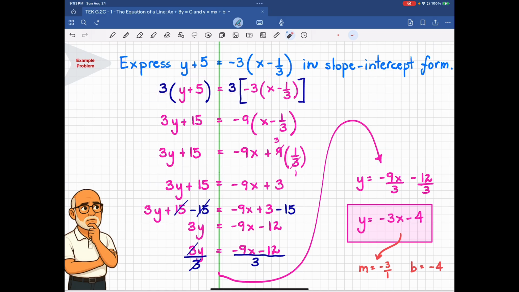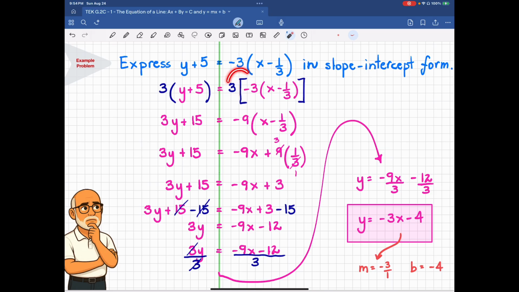I'm going to distribute and simplify as I move to my next step. This is my next step. So I'm going to take 3 times y plus 3 times 5. 3 times y is 3y. 3 times 5 is 15. Now look what happens. This 3, I'm going to multiply it times that negative 3.